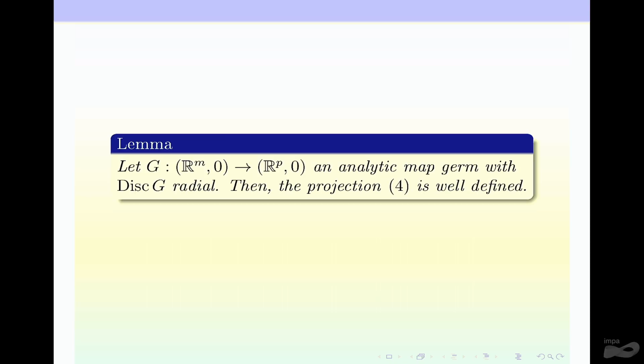So that's the lemma. If you consider G an analytic map germ, or you can also ask it to be smooth, it doesn't matter. What we did here does not matter if it is analytic or smooth. With a radial discriminant, this is well defined.